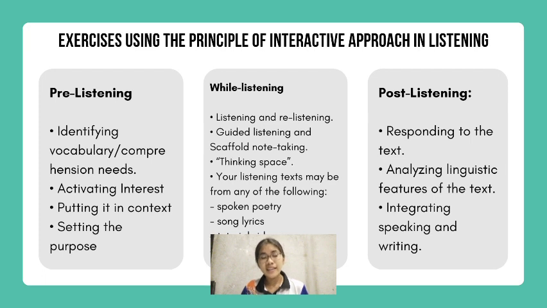So, listening is a receptive skill, and a teacher can test if the students listened to the text if they can produce something out of it. So, for example, the students can write dialogues out of the text that they listen to, create compositions out of it. They can also role play a certain scene.